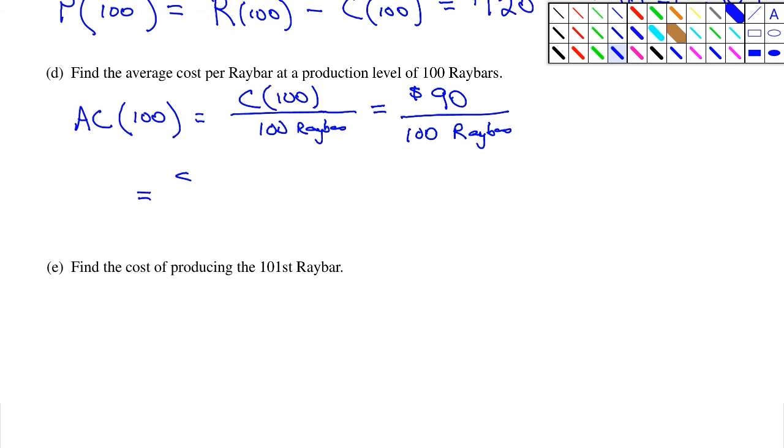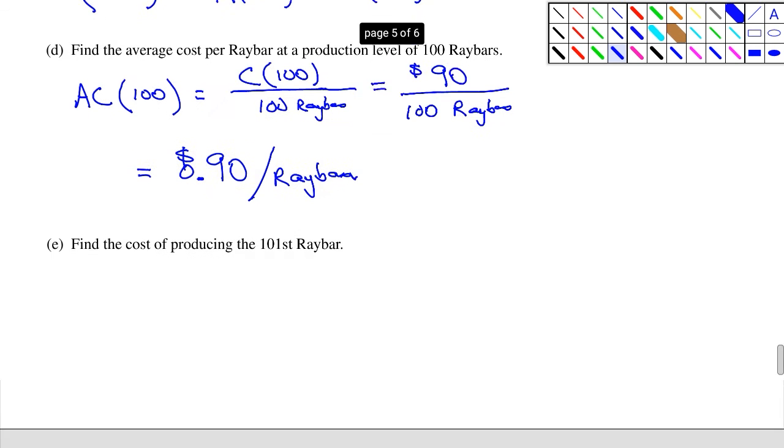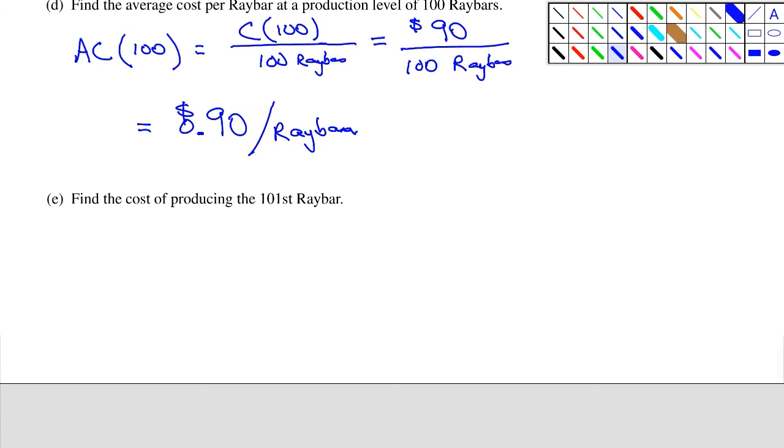And so that's going to be 90 cents per ray bar. Now here's the thing about an average. The average is dollars per something, right? So it costs on the average 90 cents per ray bar when we make 100 of them at a time. If we make more ray bars, then the average is going to go down because of our fixed cost and stuff. Okay? So the average cost varies based on the production level.